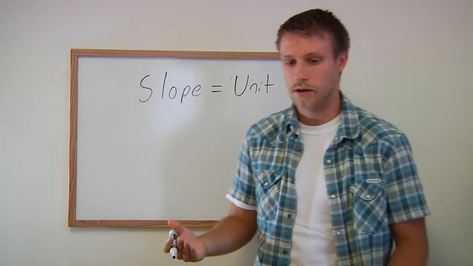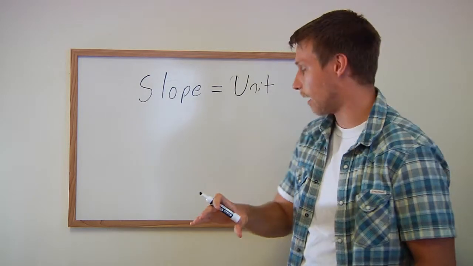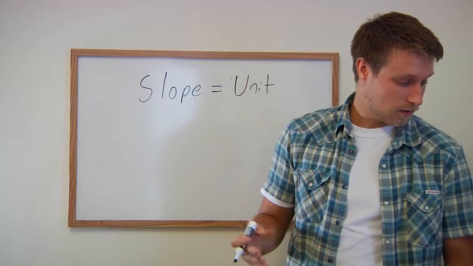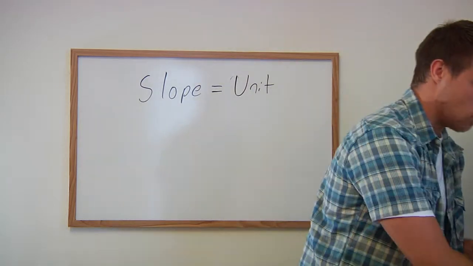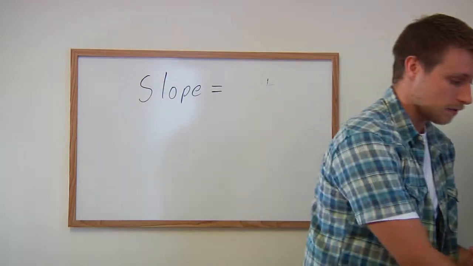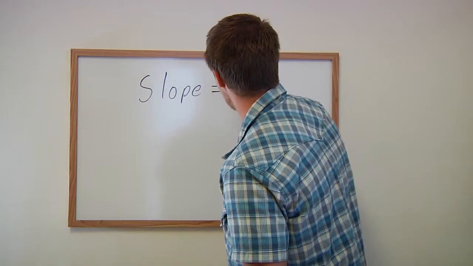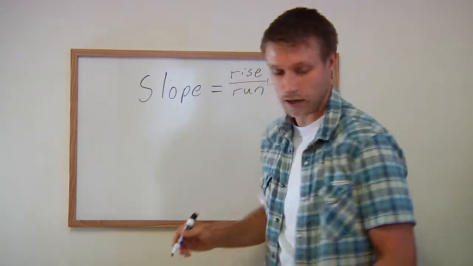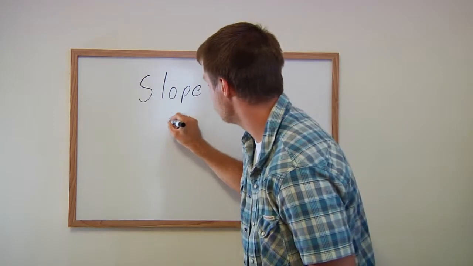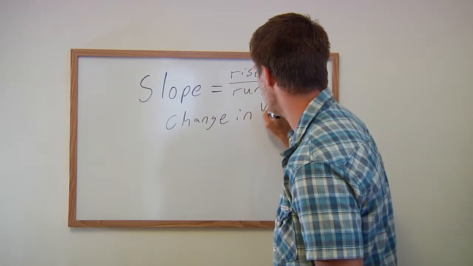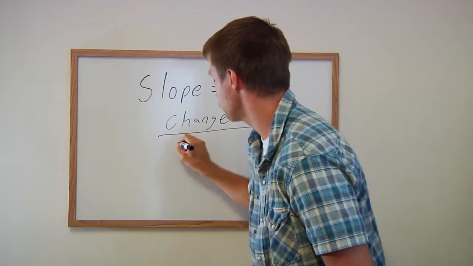Unit rate, as we know, is taking just the one on the bottom and whatever the top might be. From unit rate, I'd like to jump to what you're going to see now. Instead of unit rate, slope is more of a rise over run, which is a change in y over a change in x.